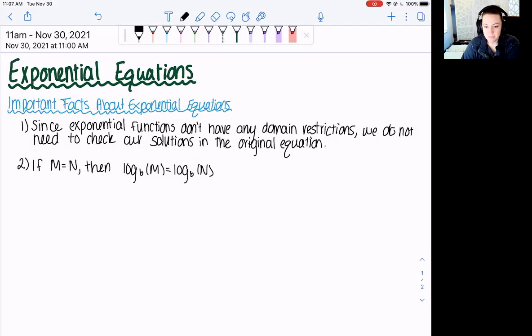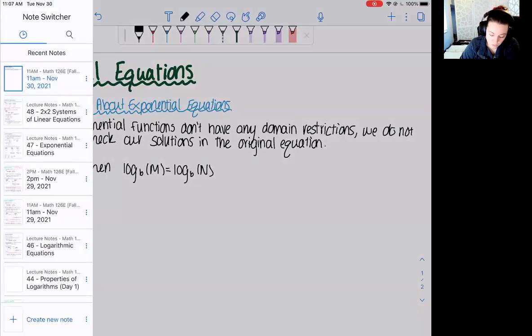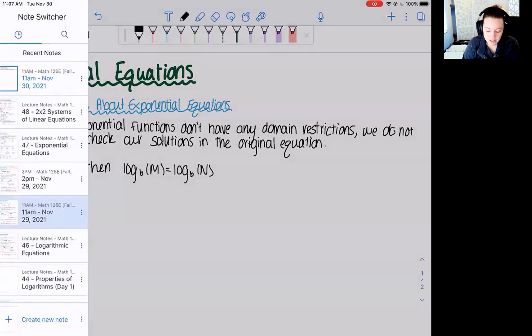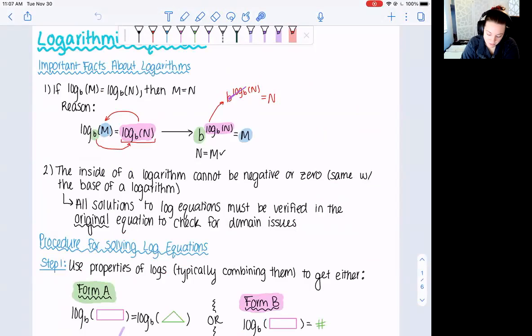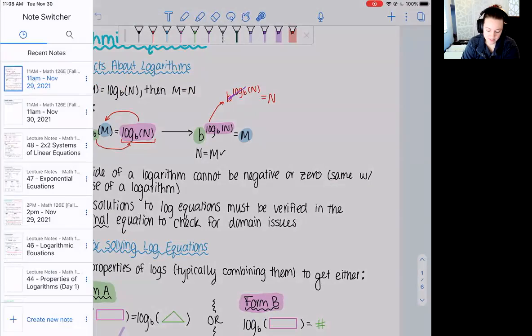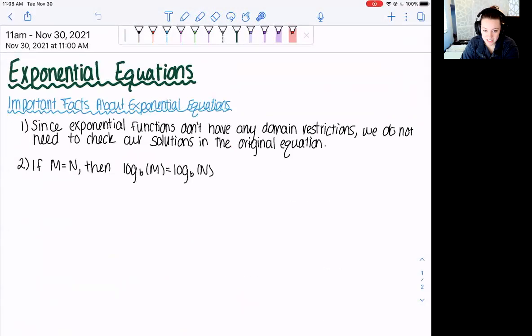We already had that rule, which you could say because it's very similar. But the rule that we had yesterday was that if the logarithms were equal, then the insides were equal. So this is like the synonymous statement for exponential equations, but it's the other direction.